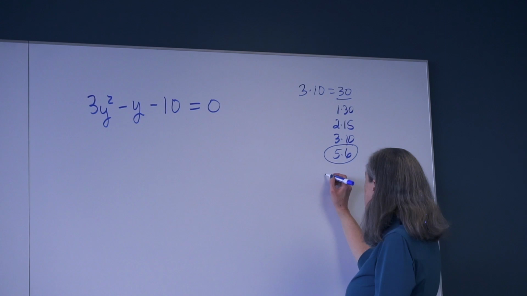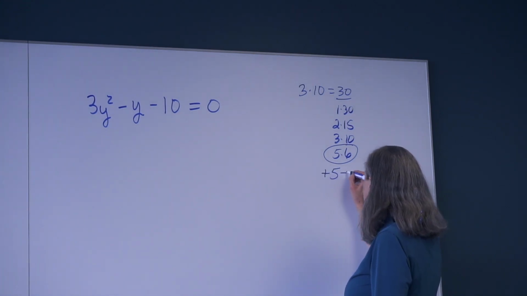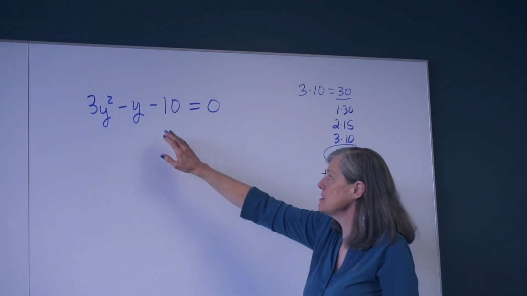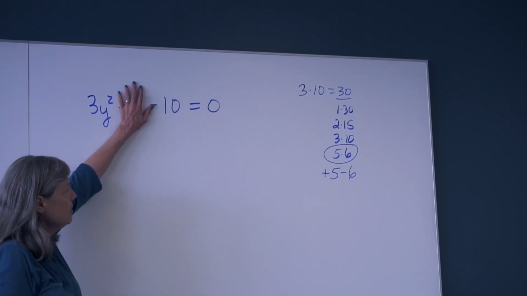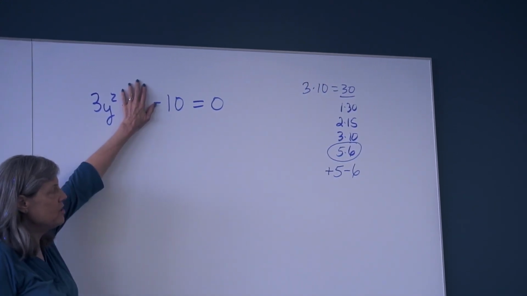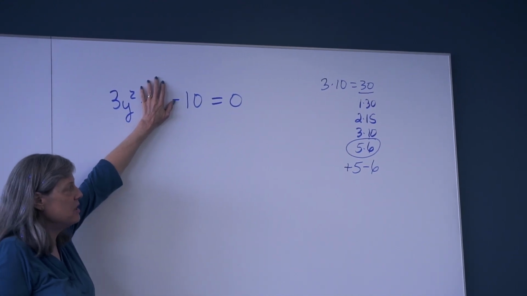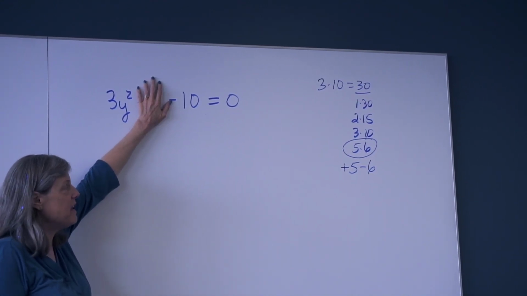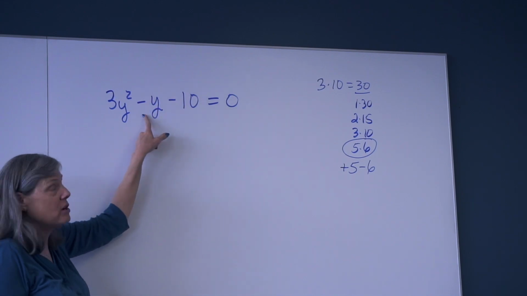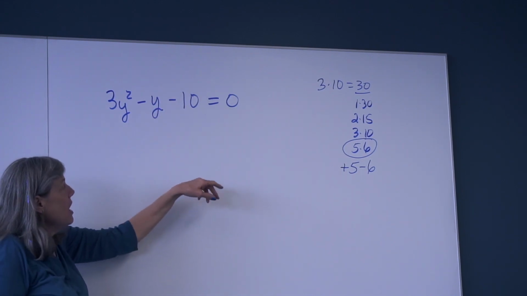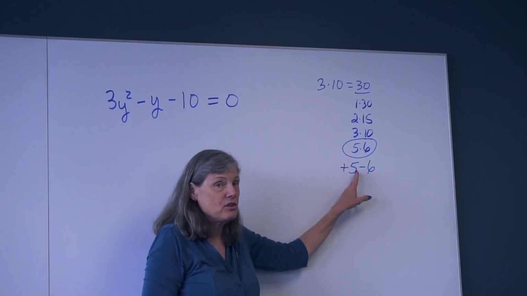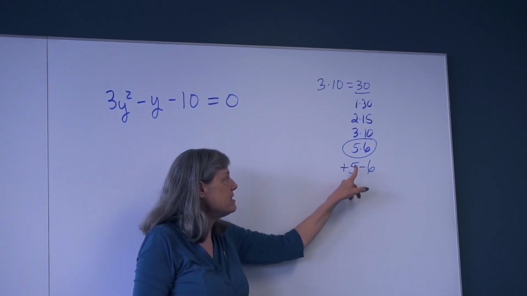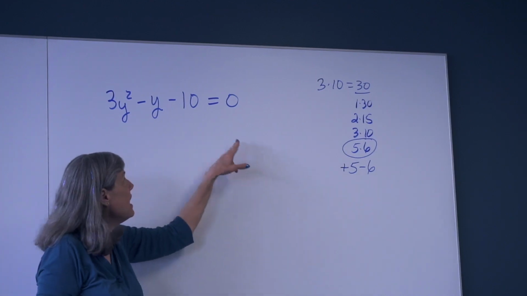Let me see, it's going to have to be positive 5, negative 6. Cover this up, add those two together. That's an addition problem whose signs are different. Subtract the small number from the big number, so 6 minus 5 is 1. Keep the sign of the big number, so I get negative 1. So that works. Multiply, again, not your numbers, just your signs. Positive times a negative is a negative.